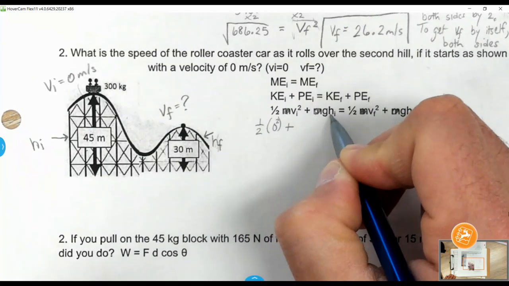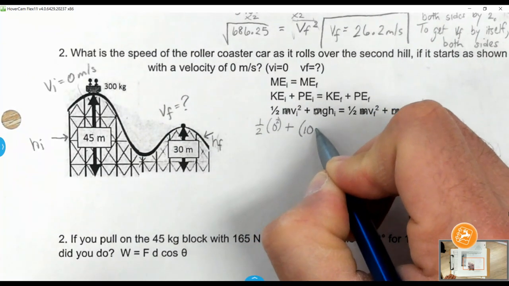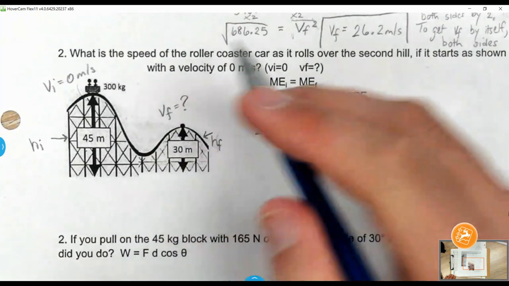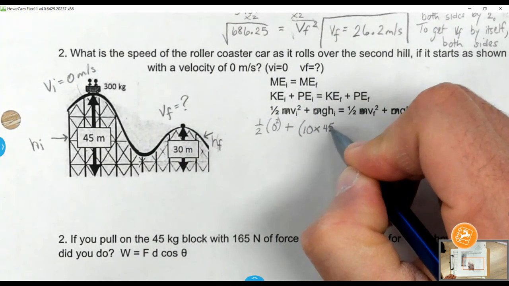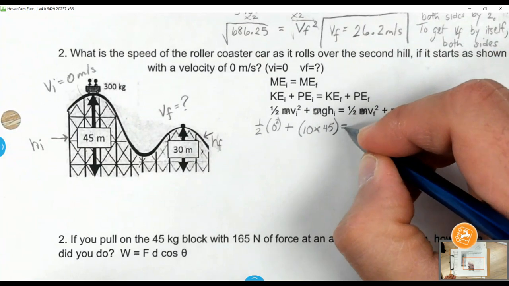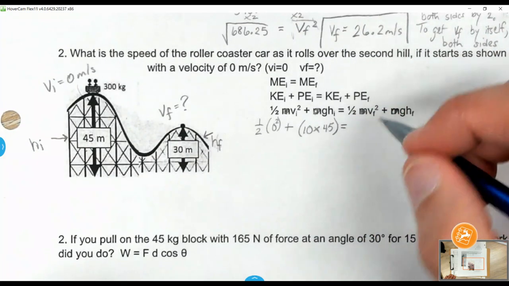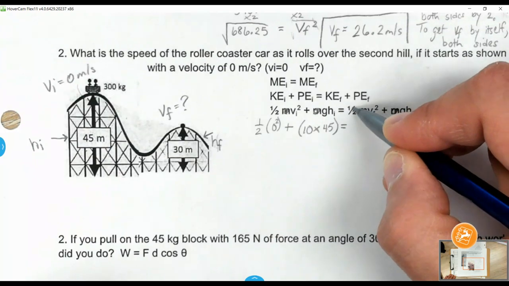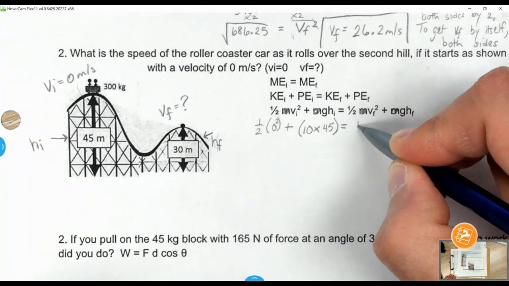Bring down the plus sign. G is how much? 10. HI, 45. The mass is gone, so it's 1/2 VF squared.